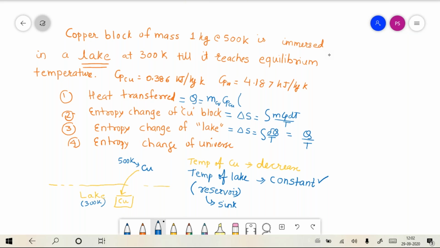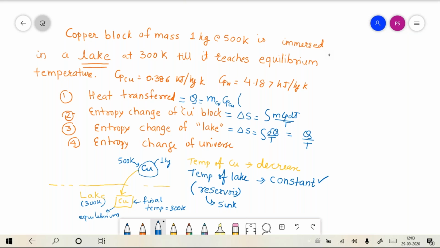So when you are immersing a small block of 1 kg copper block in this water, the final temperature of the copper block would be 300 Kelvin. It means that the copper block would come in equilibrium with the lake temperature.